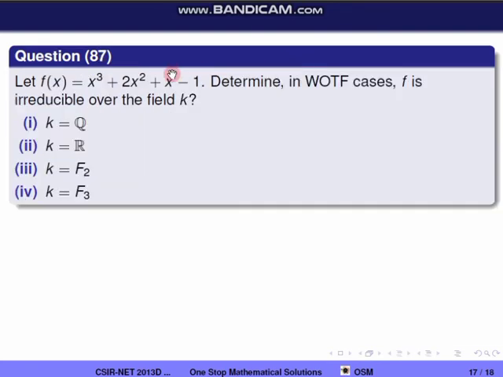Next question, question 87. Let f(x) equal x^3 + 2x^2 + x - 1. Determine in which of the following cases f is irreducible over the field K. So they have given a polynomial here. We have to check in which of the options it is irreducible. We'll look into the concepts used.